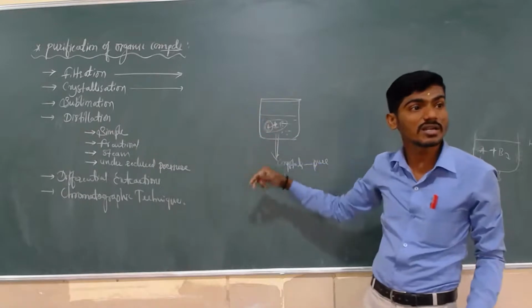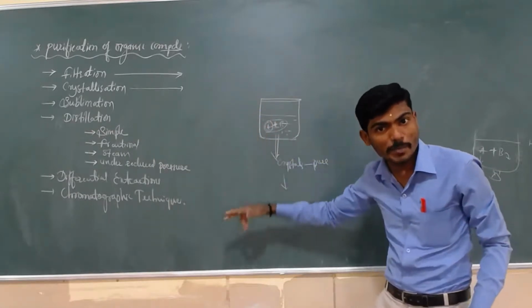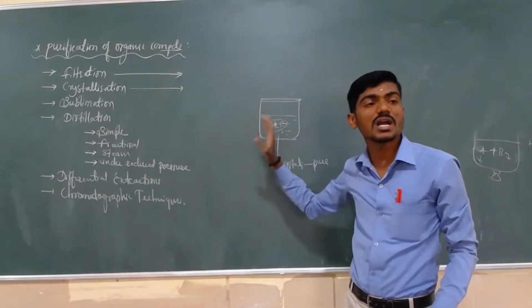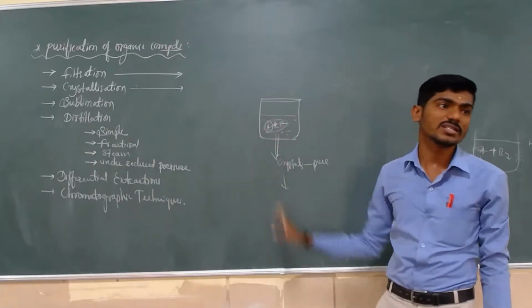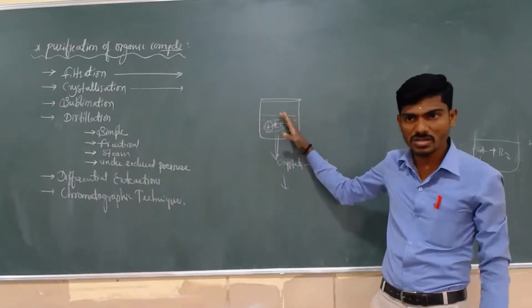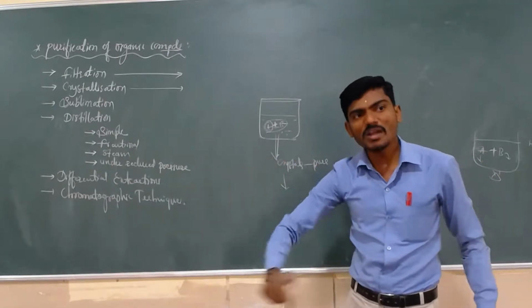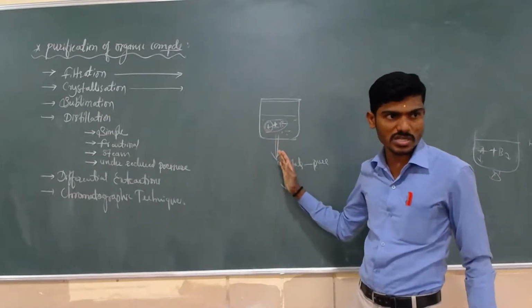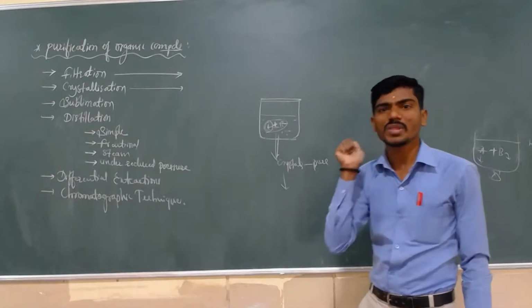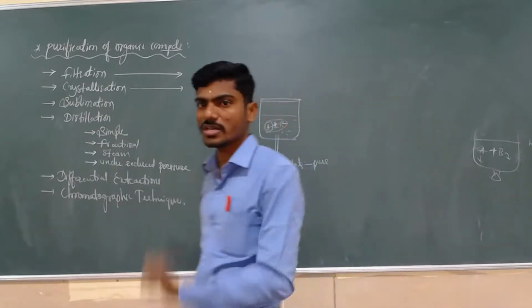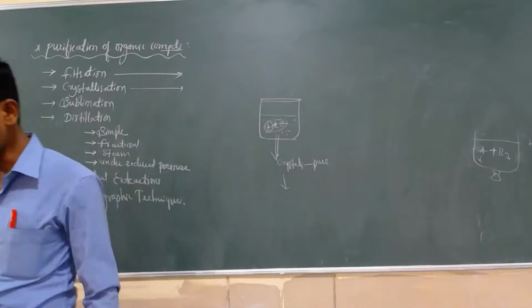That is called recrystallization. If it is repeated two or more times, then it is called fractional crystallization. If the crystallization process is repeated a number of times, that is called fractional crystallization.